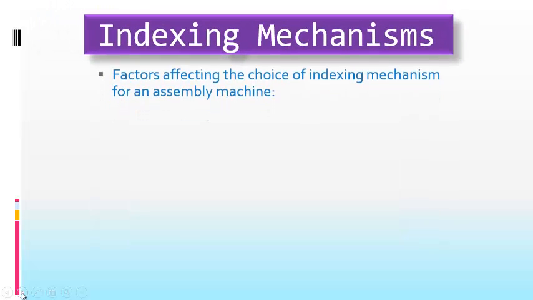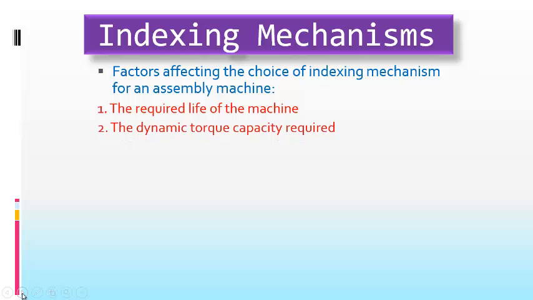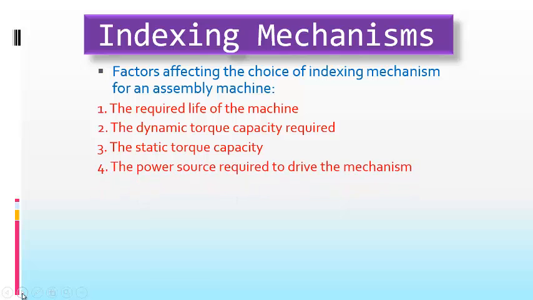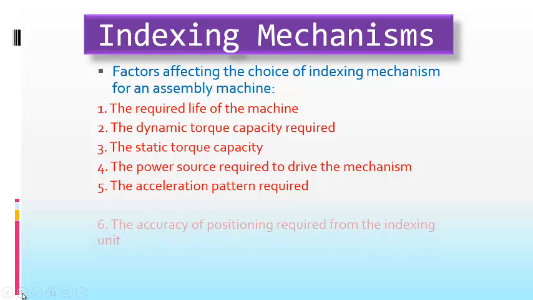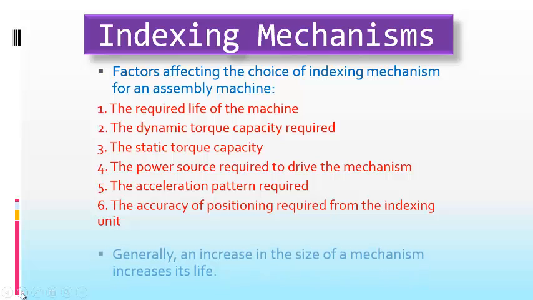Indexing machines. Factors affecting the choice of indexing machines for the assembly machine. Why do we choose an indexing machine? The required life of the machine, the dynamic torque capacity required, the static torque capacity, the power source required to drive the mechanisms, the acceleration pattern required, and the accurate positioning required from the indexing unit.